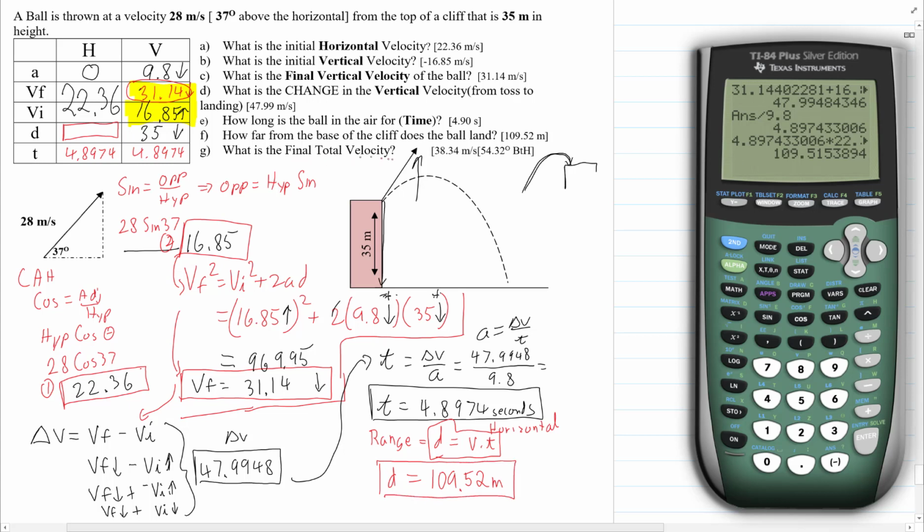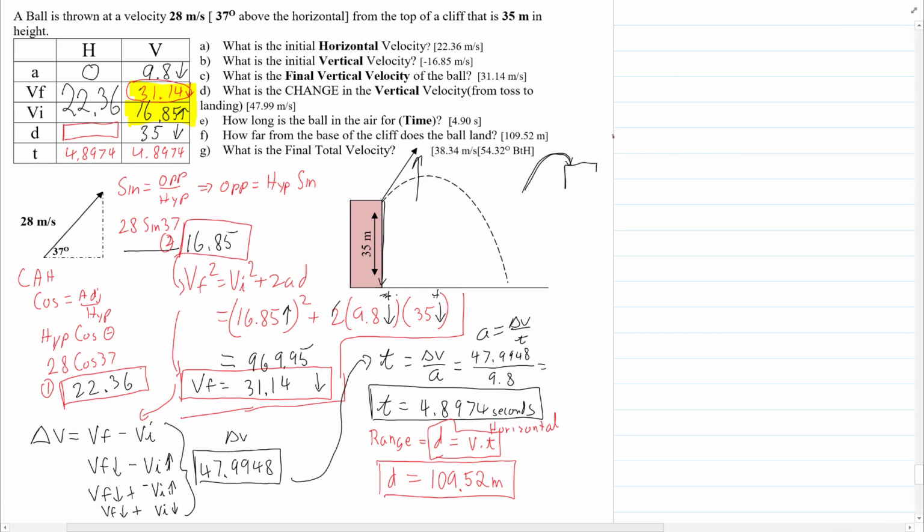Okay, and last but not least is the final total velocity. We could have done this quite a bit before, because we got the final velocity here. So horizontally, it's still going and always going at 22.36, but it lands over here at 31.14. It's going down.